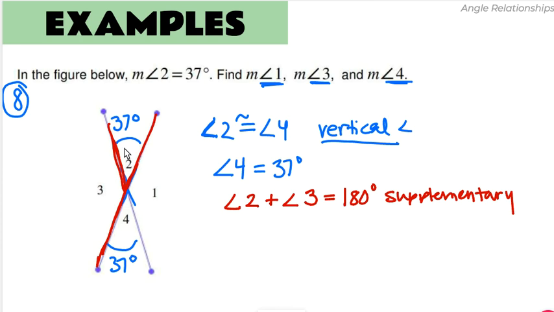So if angle 2 and angle 3 add up to 180 degrees, well, I know angle 2 is 37. So what plus 37 equals 180 degrees? Angle 3 equals 143 degrees.